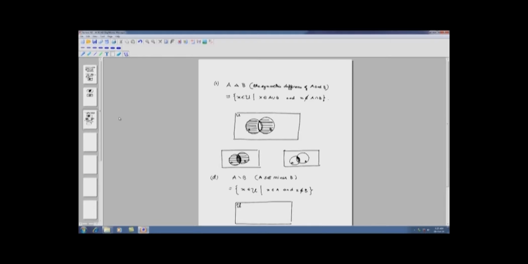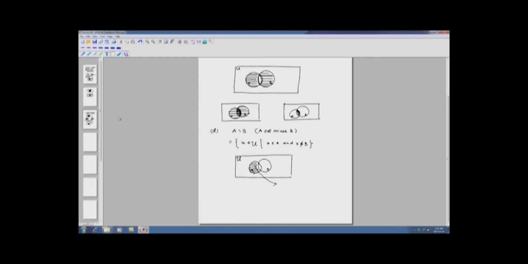Again we have the universal set and we are taking two sets A and B within that universal set, and I want the elements which are in A, but not in B. Therefore, I shade the portion of A which is outside A intersection B. This shaded region corresponds to A set minus B, or simply A minus B.